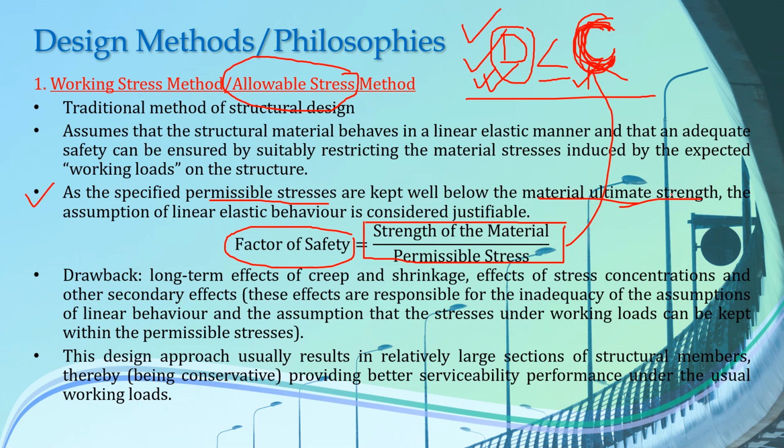The assumption of linear elastic behavior may not always be justifiable. For example, long-term effects of creep and shrinkage and other secondary effects may induce non-linearity in our structure.